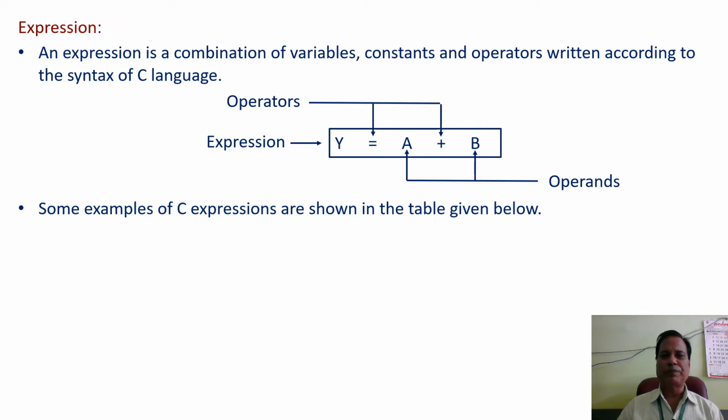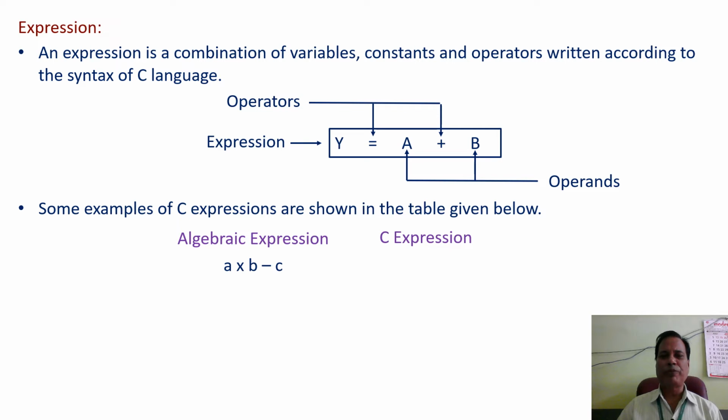Some examples of C expressions are shown in the table given below. Now, if we have an algebraic expression, we have to make some modification while writing it as a C expression.